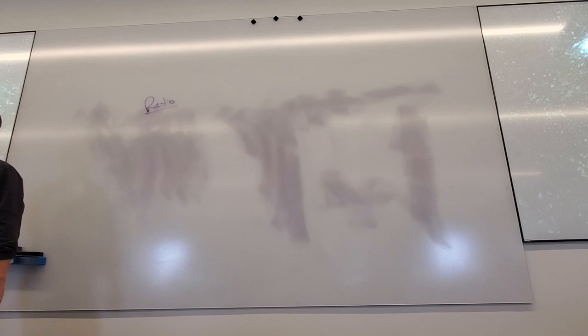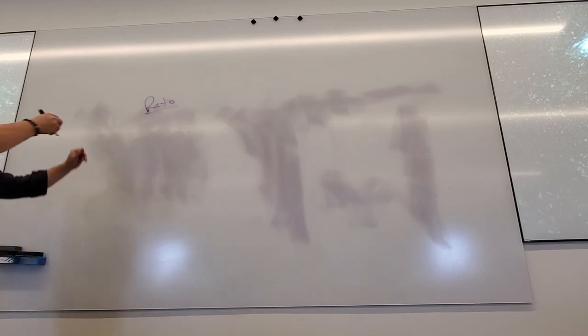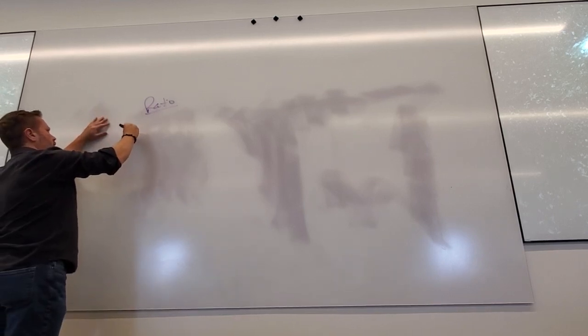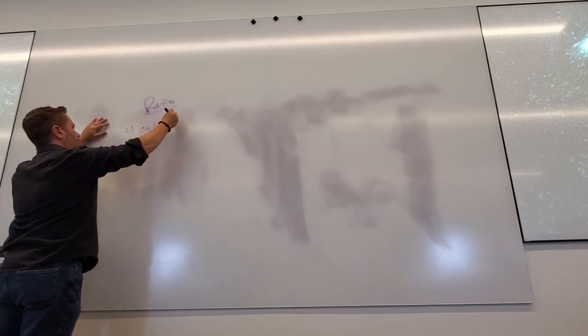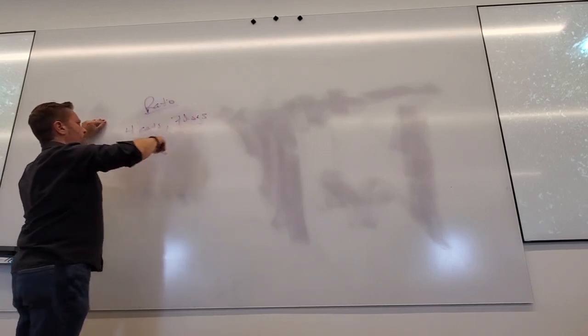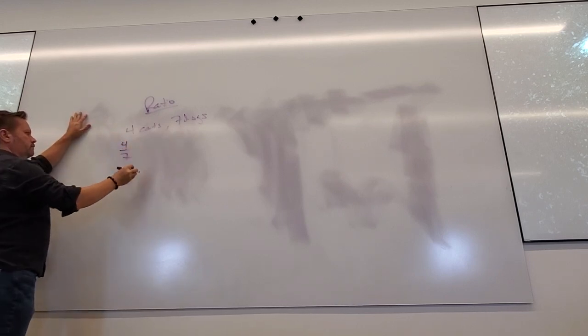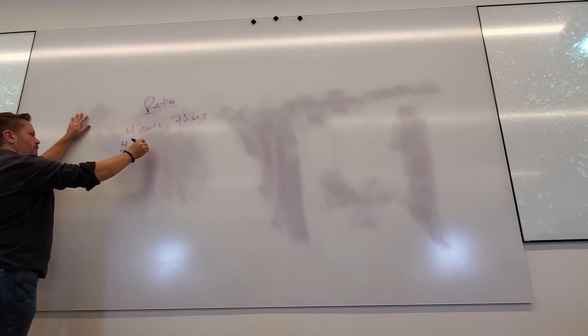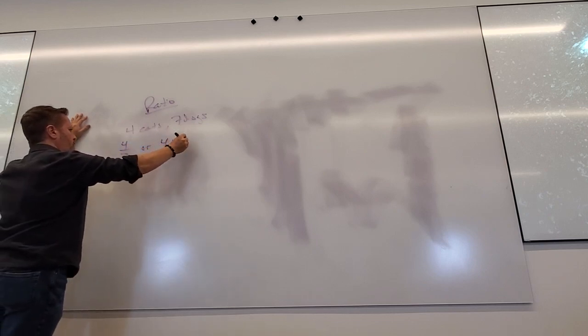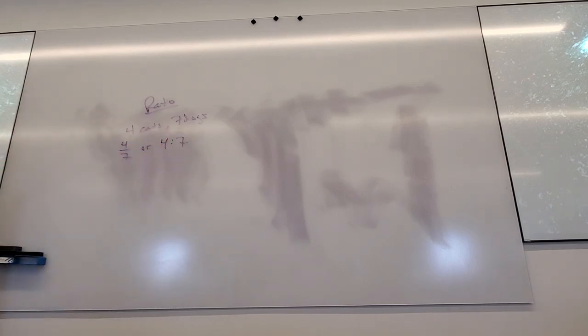So a ratio, for example, if there were 4 cats and 7 dogs, I can make a ratio of cats to dogs. And there are several different ways I can write this ratio. I could write it like a fraction, or I can write it in this format, which is really relegated to ratios.